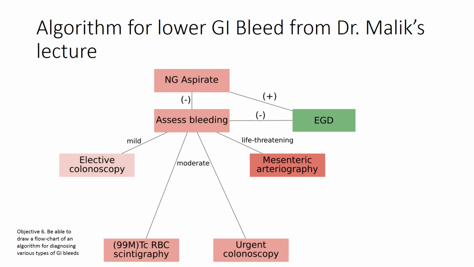Okay, this is an algorithm I took from Dr. Malik's lecture. I shamelessly stole it because it's pretty good. If a patient comes in with a bleed, do a nasogastric aspirate. If that's positive, call the endoscopist. Okay, so that's easy. If the nasogastric aspirate is negative, but the bleeding's very mild, the patient doesn't have much bleeding, they're not in acute distress, they can be prepped for an elective colonoscopy.